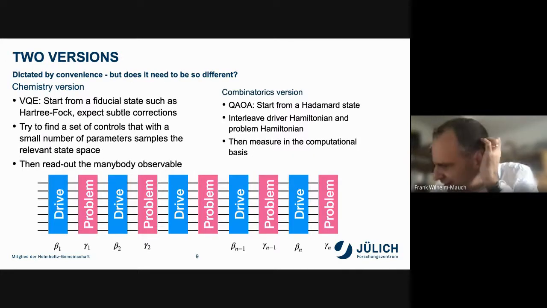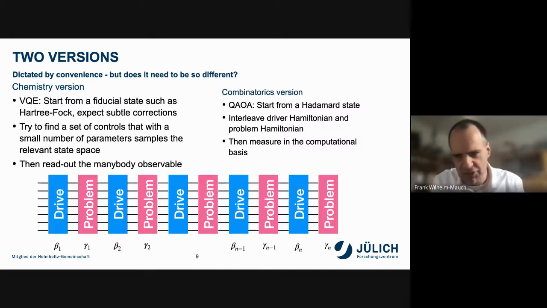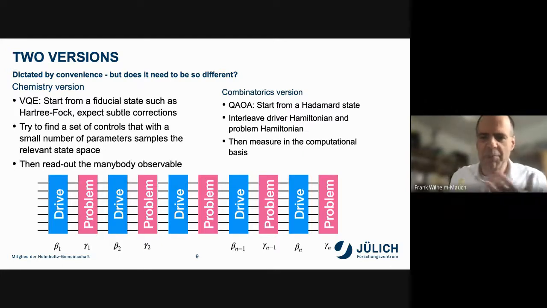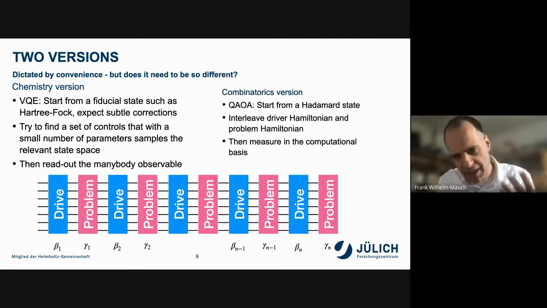Now, when we look at these variational algorithms, there is one important distinction when we look at them in chemistry versus looking in combinatorics. In theoretical chemistry, what we really would like to have is the ground state energy. So what we do is we start from a fiducial state, from a state that we believe is a good starting point, that is often Hartree-Fock.